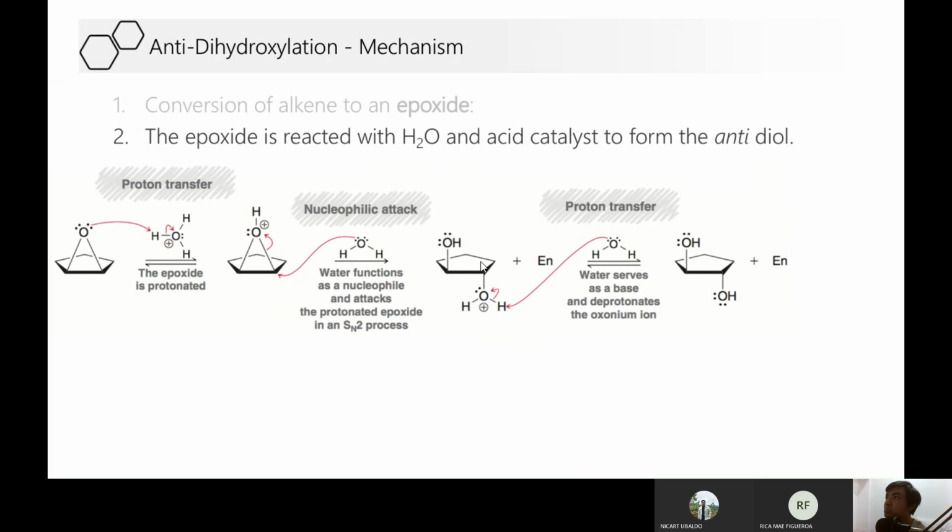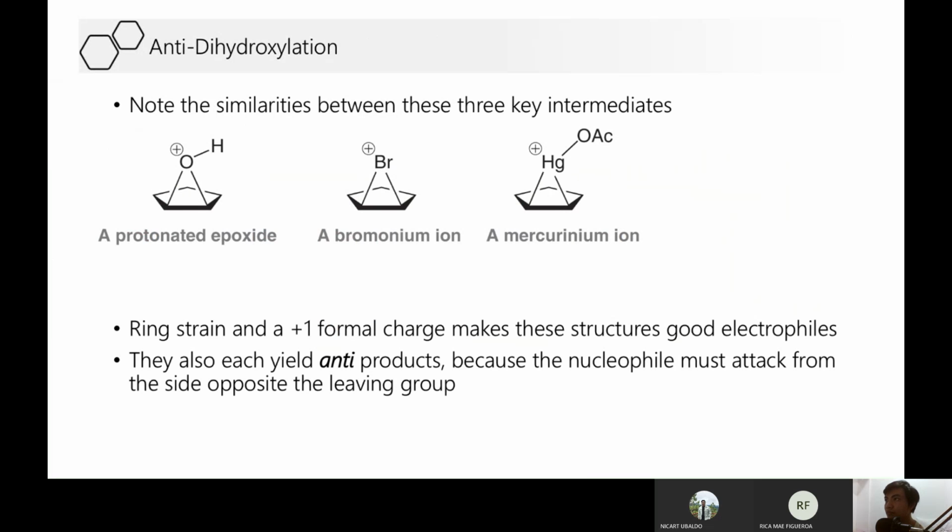Okay, so yun. So mapapansin mo, similar yung ating mga intermediates sa mga products, mga pinagagawa natin kanina. So we have here the epoxides. Ito ay for the anti-dihydroxylation. This is the bromonium ion, which nakita natin na useful in our halogenation and halohydrin reactions. Sorry, hindi pala hydrohalogenation tawag doon.